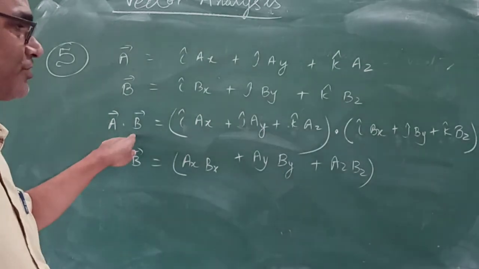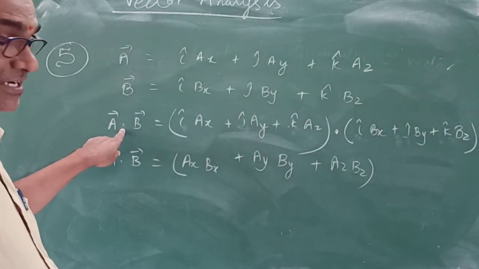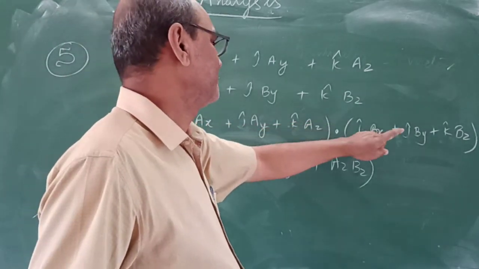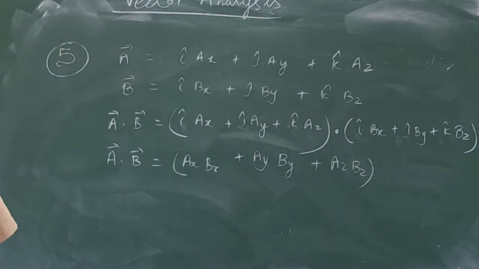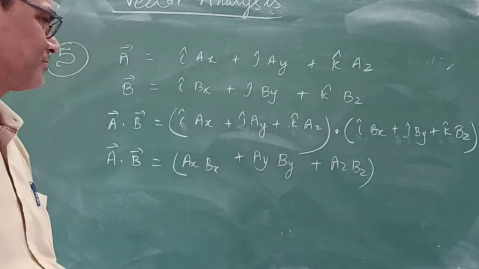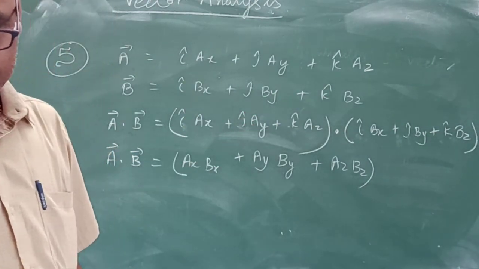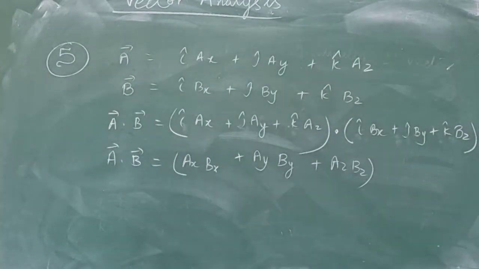Now A dot B: we have written the dot here, it should be clear. Then we know that i dot i is equal to 1, j dot j is equal to 1, k dot k is equal to 1. Therefore, directly multiplied: Ax Bx plus Ay By plus Az Bz. The rest of the components are 0, so no need to write them.